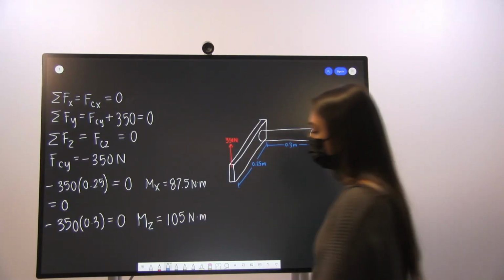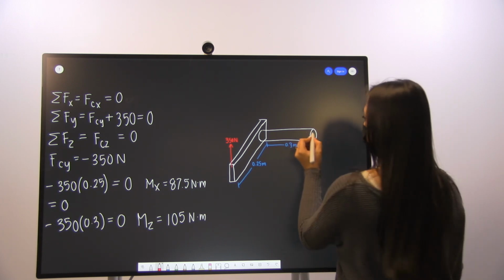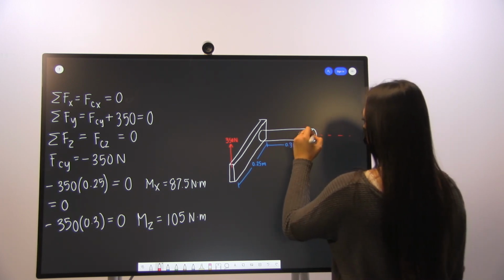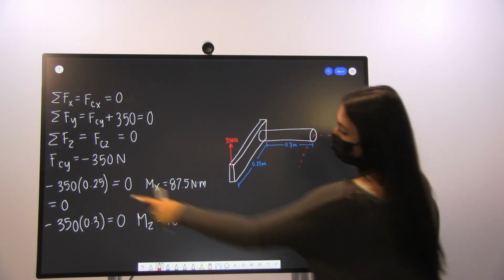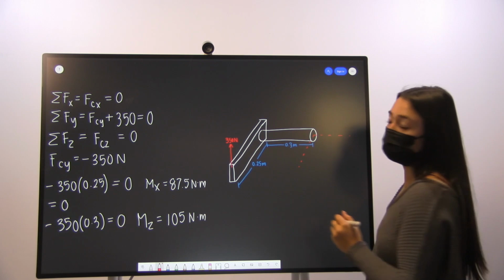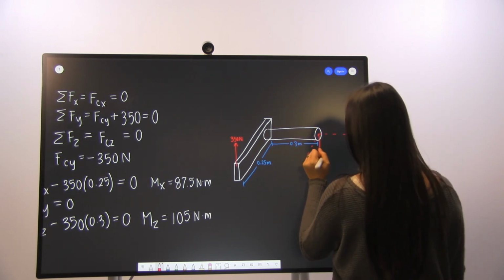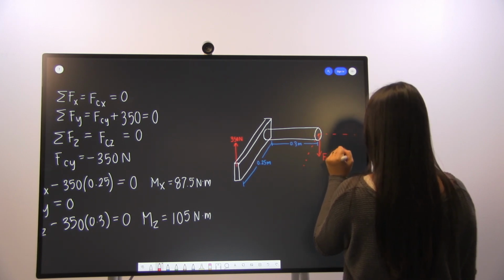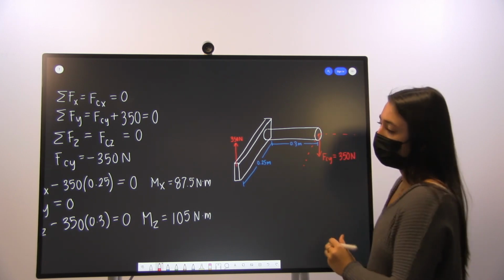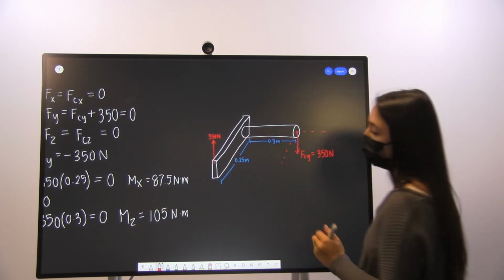So now that we've found all of our unknowns, we're going to go ahead and draw our moments and forces. In the y direction, our Fc of y was equal to negative 350 newtons, so we'll draw a downwards arrow, 350 newtons. And then we found we had a moment about the x-axis and a moment about the z-axis.